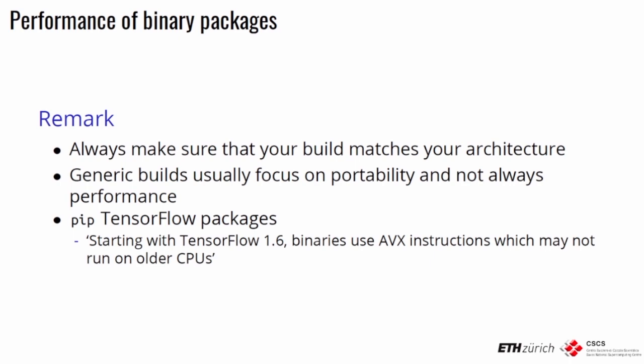Since 1.6, I would say the difference is not so big. We don't see a difference between a manual build and the current architecture. That of course can change as soon as you move to a new architecture. But on our systems right now, we don't see the gap anymore. And actually, Rafael mentioned that with Anaconda, you have slightly better performance in some codes compared to pip.